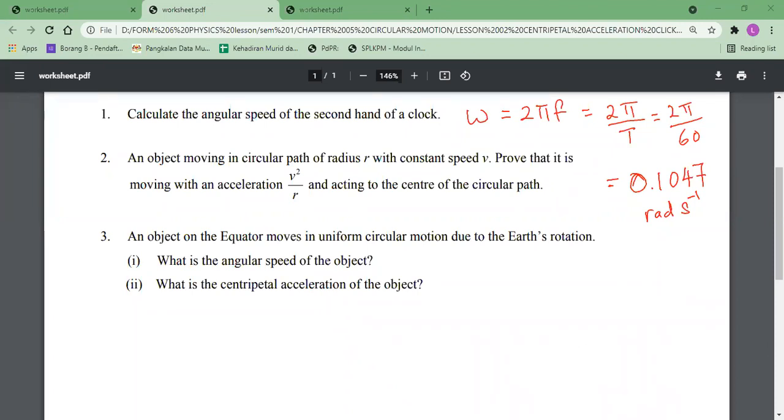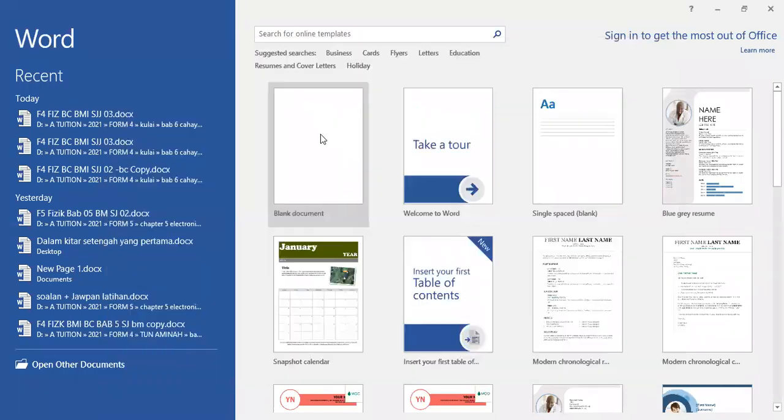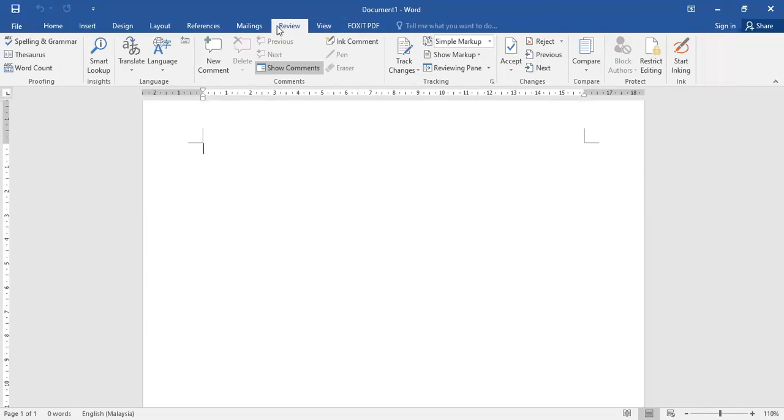So I share the screen to Microsoft Word. Okay, let me take out my pen.